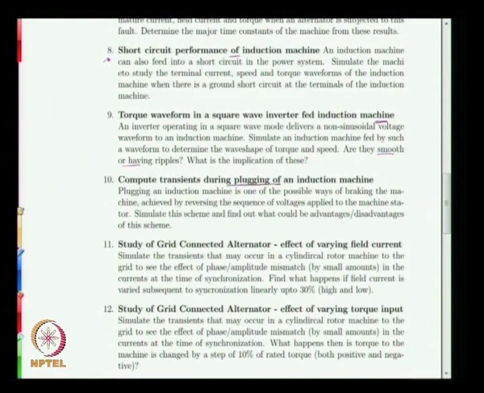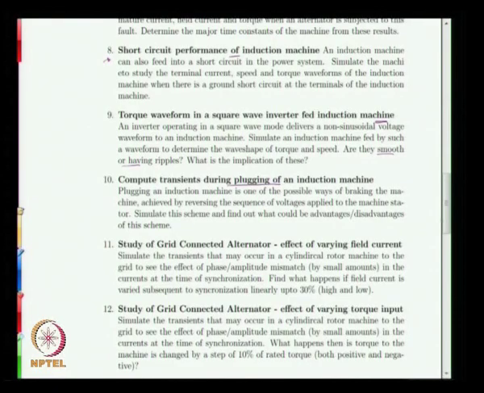And then we come to braking an induction machine. One of the ways of braking an induction machine is to reverse the phase sequence of the stator terminals. If you reverse the phase sequence, then the stator MMF or the stator field starts rotating in the opposite direction to the rotor, and that really brings about a very severe braking action in the induction machine.